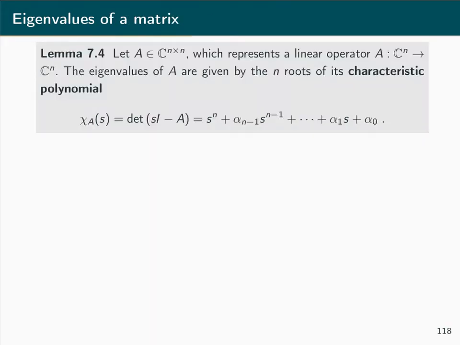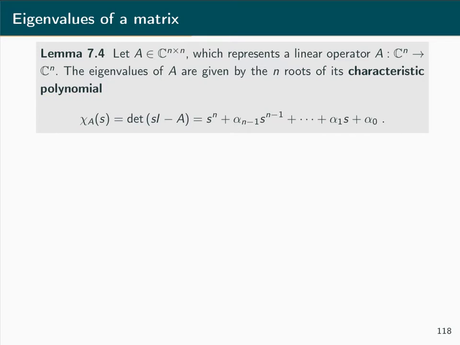Next, we make the step from general linear operators on abstract vector spaces to square matrices, which represent linear operators from C^n to C^n. As you probably know from undergraduate linear algebra, the definition 7.2 of eigenvalues of a linear operator breaks down for the eigenvalues of A in terms of the roots of its so-called characteristic polynomial.